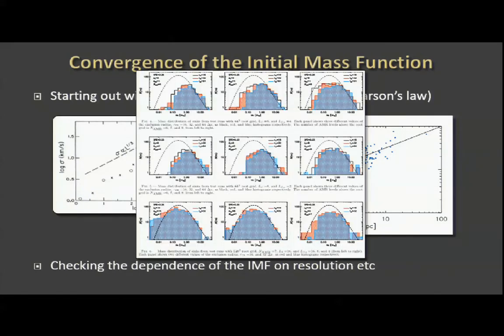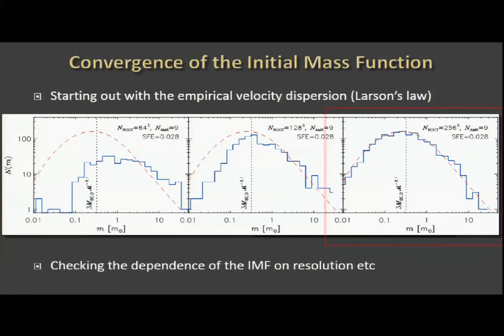We've done a parameter study, and we come up with affordability: if we have a root grid of 2 to the power of 9 cubed and 9 levels of refinement, we essentially recover the IMF.